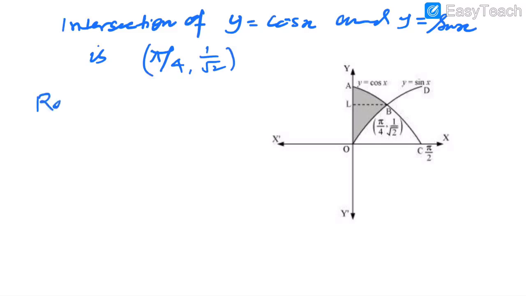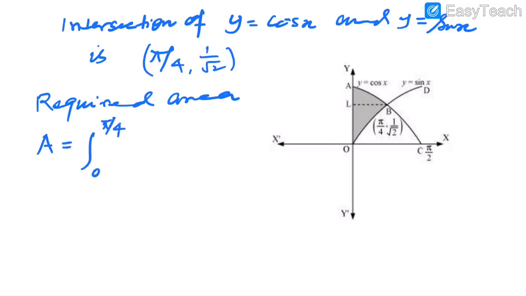So this is the actual graph of the given curves, and this shaded region is the required area we have to find out. Therefore the required area is equal to the integral from 0 to pi by 4 of cos x, and the area below the sine curve we don't need, so we subtract this area, the integral from 0 to pi by 4 of sin x dx.